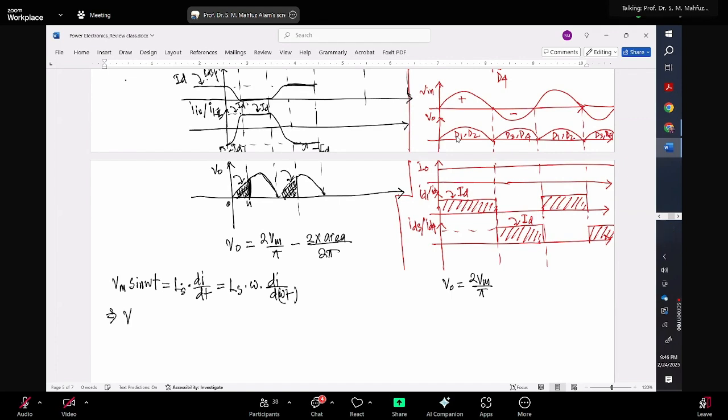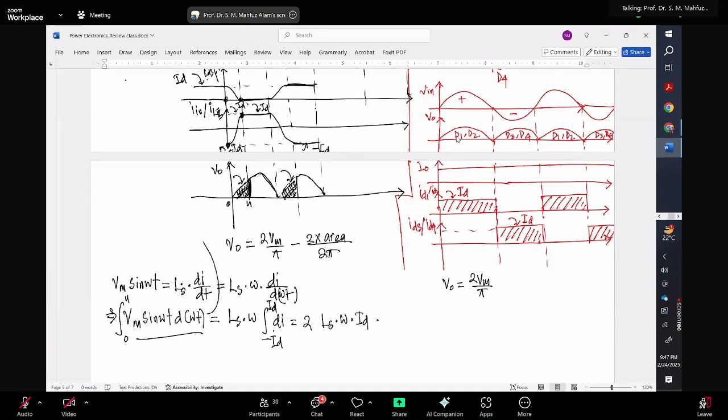So if I integrate from 0 to u, Vm sine omega t multiplied by d of omega t, it would be Ls omega, and then the integration of di. But during this commutation period, the current through the inductance is changing from minus ID to plus ID. So we can write it as minus ID to plus ID. So it would be twice Ls omega multiplied by ID.